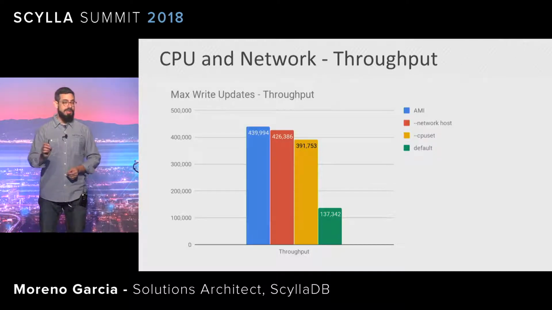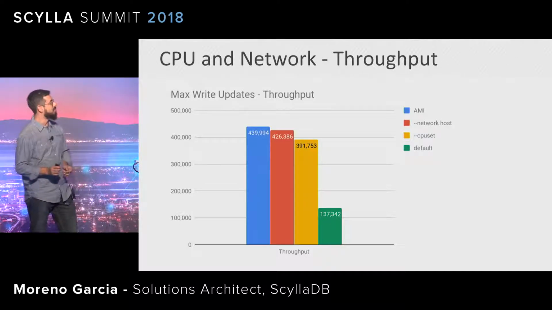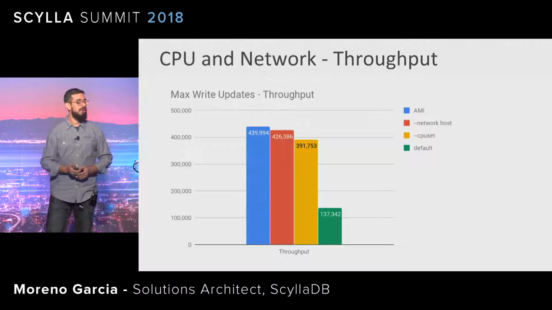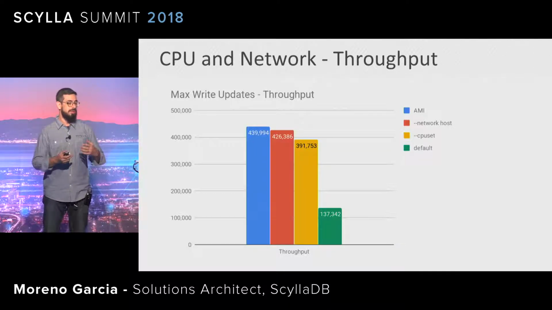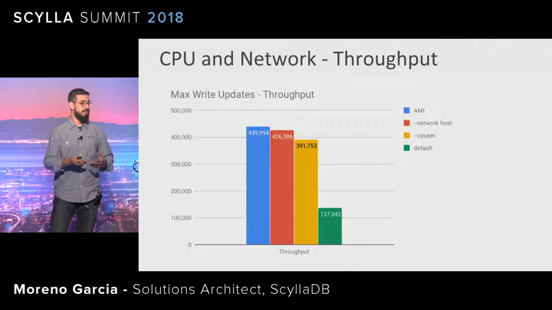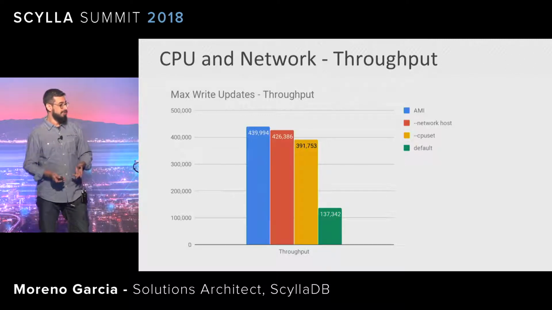There's still a little difference there, around 3%. And that, of course, is because of the cgroups that Docker uses. But if you get rid of that, there's no point in using Docker at all, right?